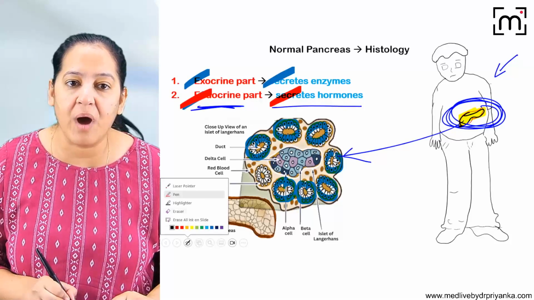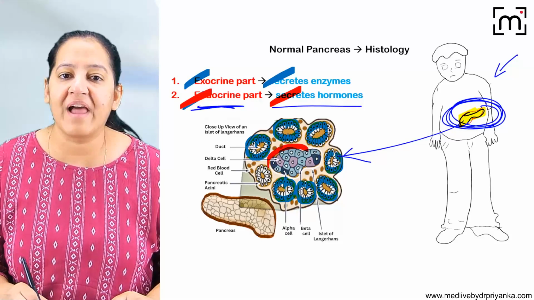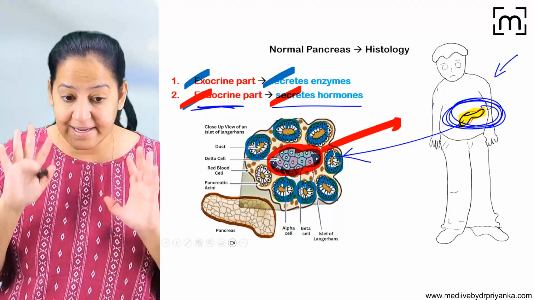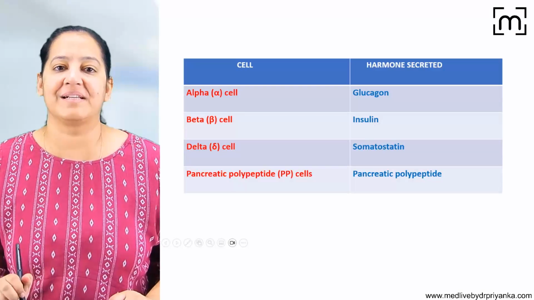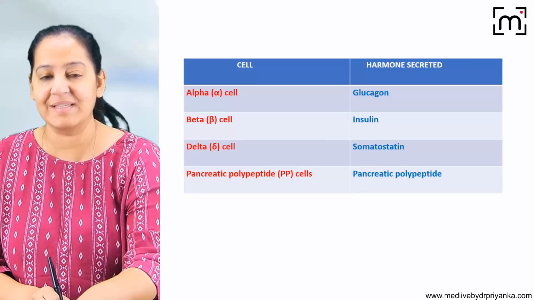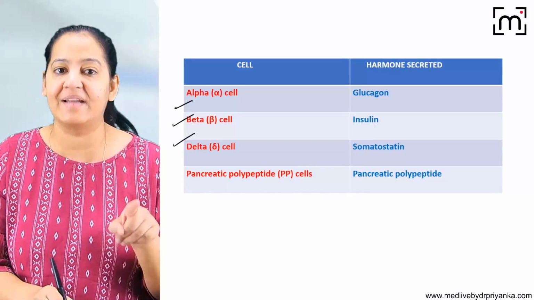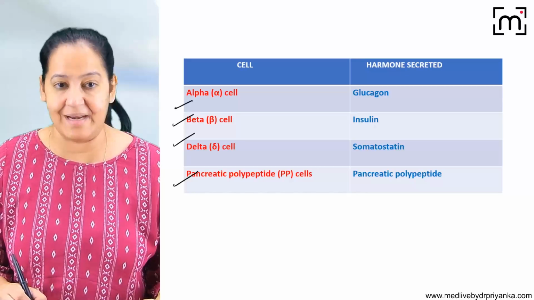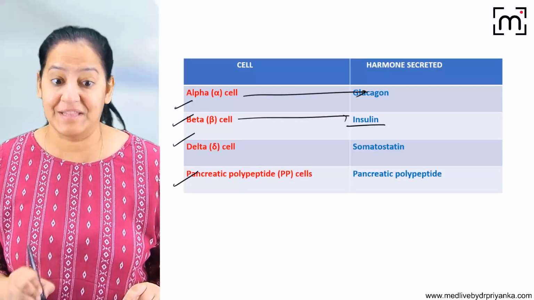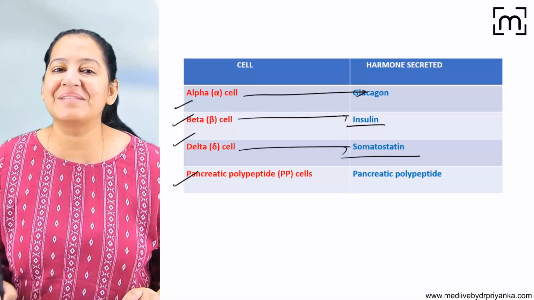I want to highlight what the islet of Langerhans is. As I told you, it's a collection of cells. There are four major cells inside the islet of Langerhans: the alpha cell, beta cell, delta cell, and pancreatic polypeptide PP cell. Alpha cells secrete glucagon into the blood. Beta cells secrete insulin into the blood. Delta cells secrete somatostatin into the blood.